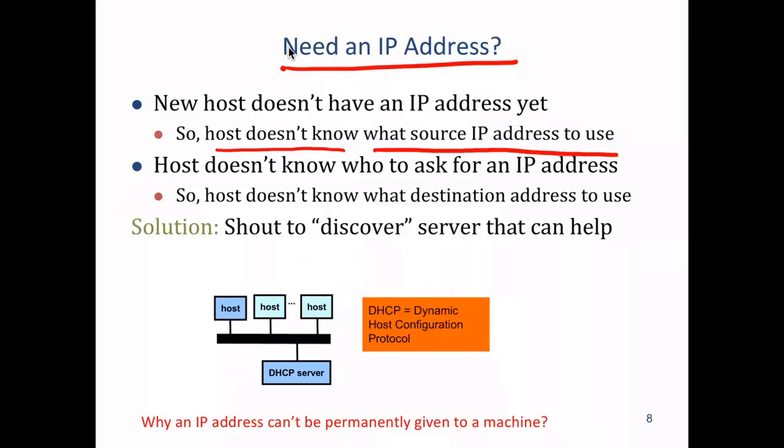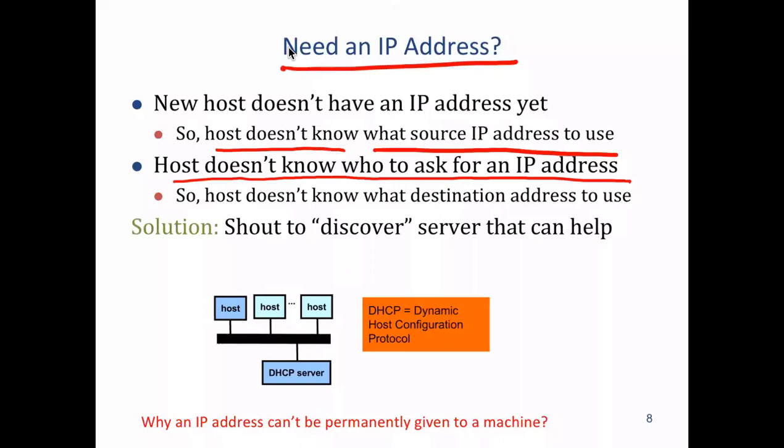She needs to get the IP address, but she doesn't know whom to ask for it, because she has just booted and the whole network is new. She has come to the coffee shop, and the laptop doesn't know anyone. There is no mapping available, and mapping is also not required here. So the host doesn't know whom to ask for an IP address.